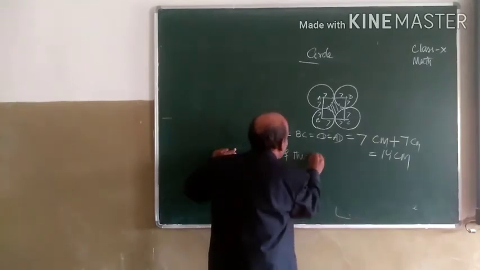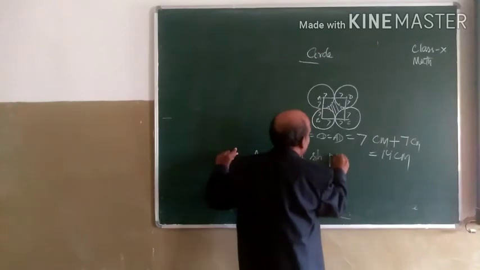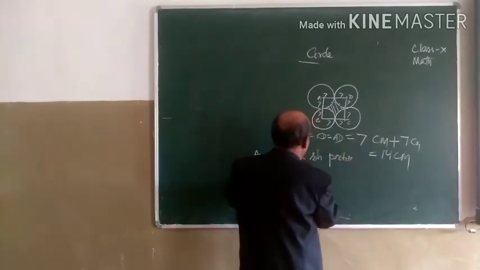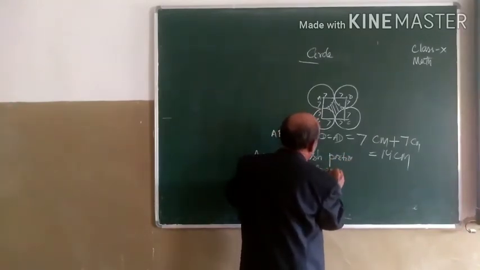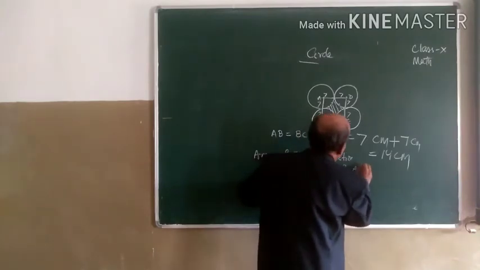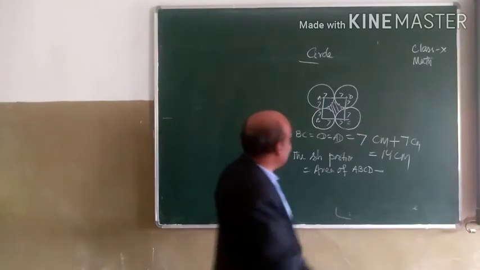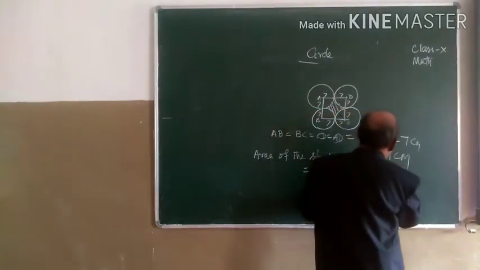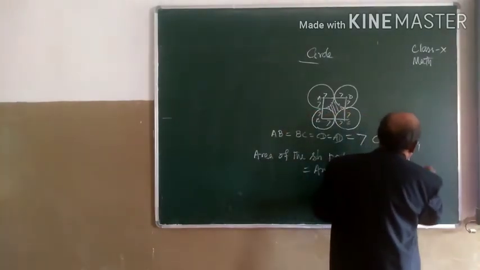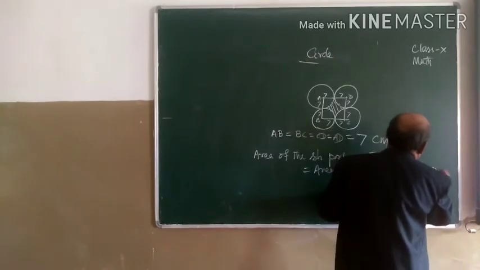So the area of the shaded portion is equal to the area of square ABCD minus the area of four quadrants.